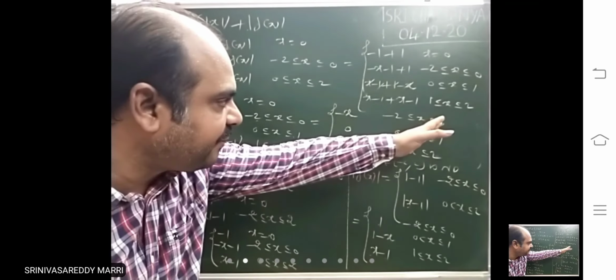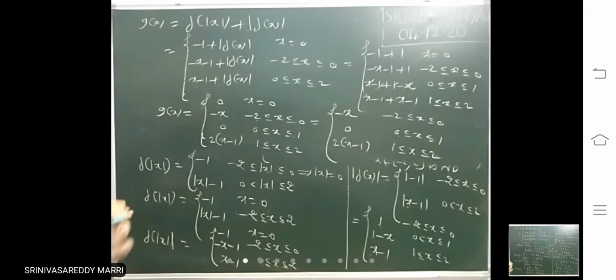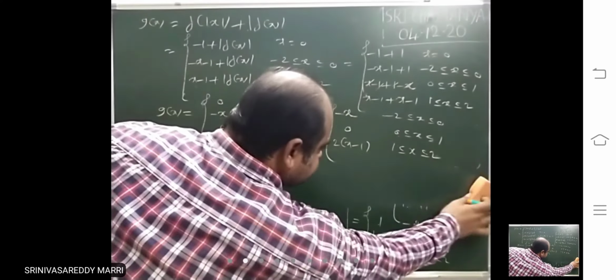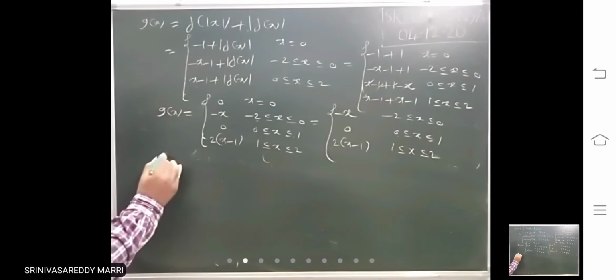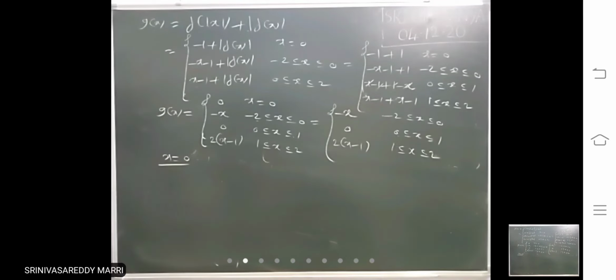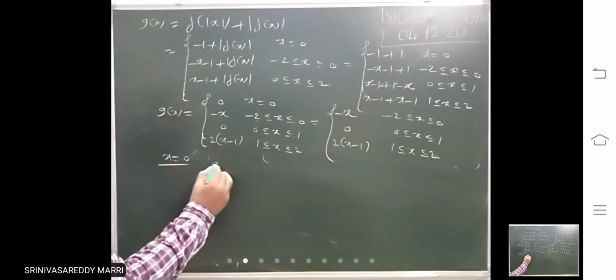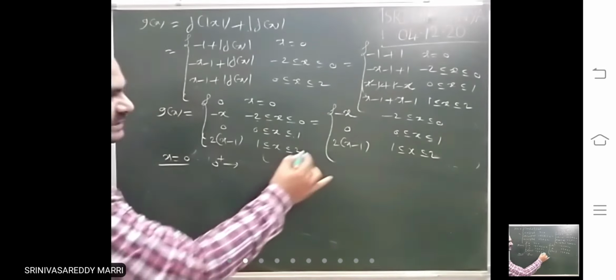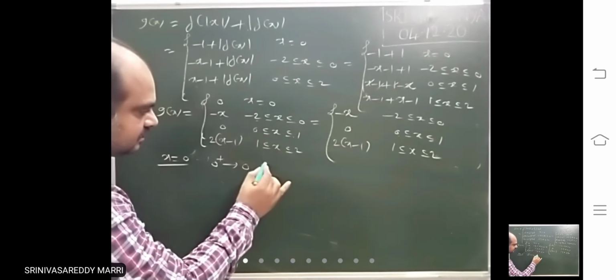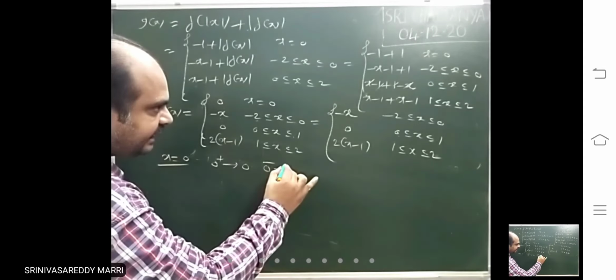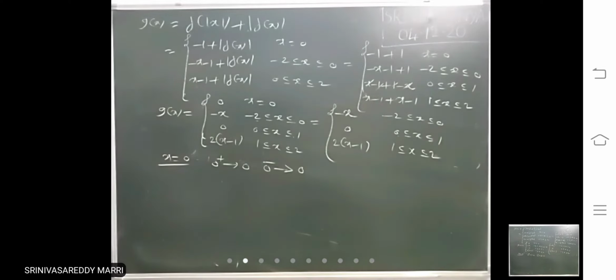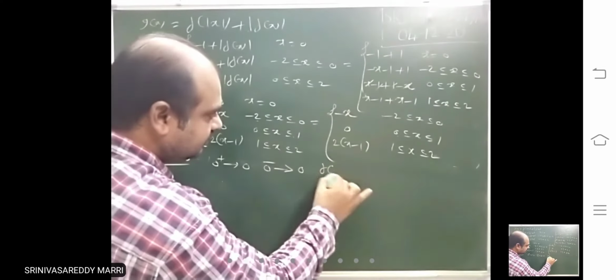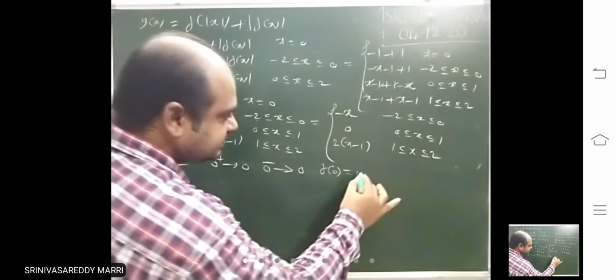Now rule changing points are what? 0 and 1. You can check easily. At x equal to 0, continuity. 0 plus, that means 0, 0 minus, it is 0, and f of 0 is nothing but 0.